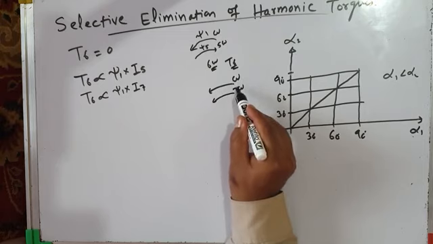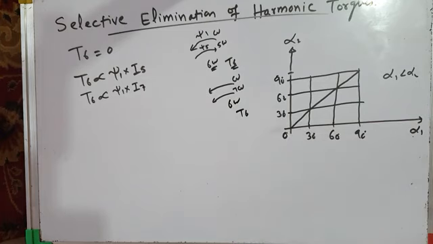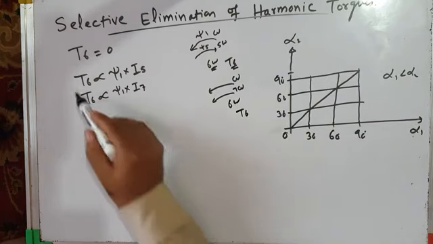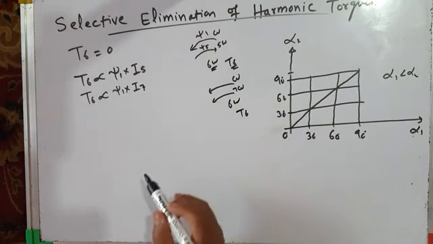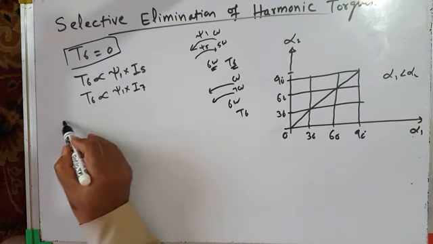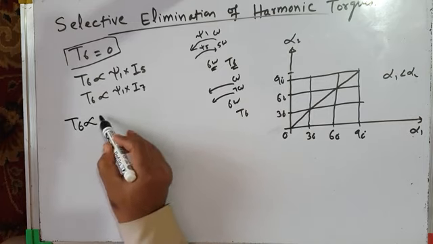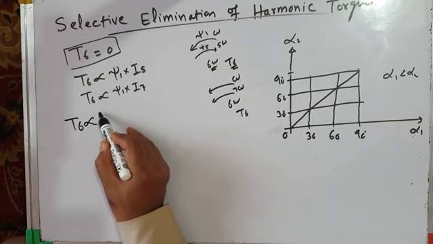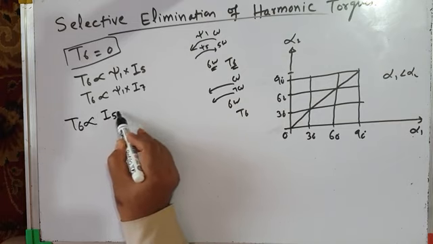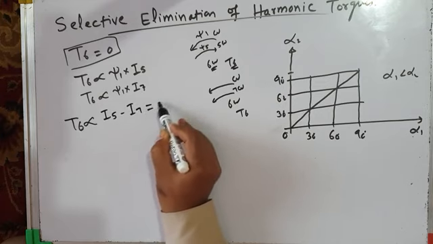It is 7 omega minus omega, that is again 6 omega. So this also gives rise to sixth harmonic torque. That's what I have written here. Now our aim is to make T6 equal to 0. So T6 can be made equal to 0 if we make, for example, T6 proportional to I5 minus I7 and equal to 0.